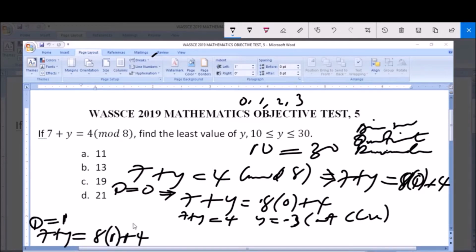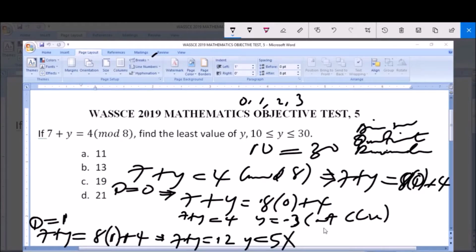It's asking us for the least value of y, that's why we are starting from the smallest values. So 7 plus y equals 8 plus 4, which is 12. So y will be equal to 12 minus 7, which is 5. Now 5 is not the answer because it's not between 10 and 30.